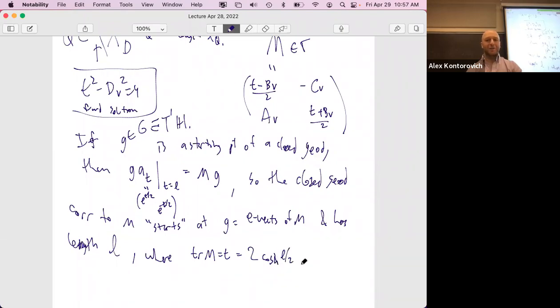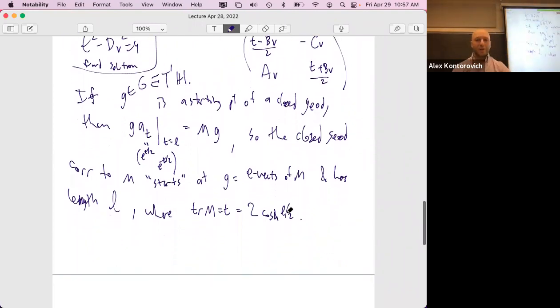Right, so it's twice cosh of L over 2. And we can solve for L in this formula. So I have T over 2. It's actually better to write out what this is. This is e to the L over 2 plus e to the minus L over 2. It's just the sum of the diagonal elements of this thing.